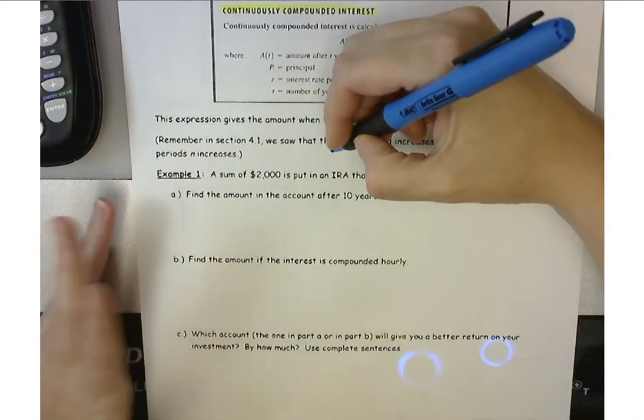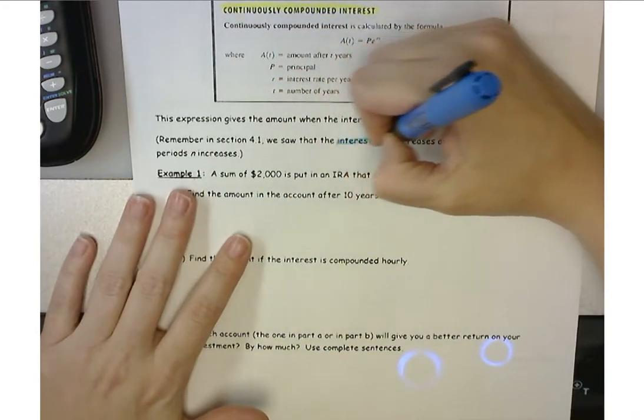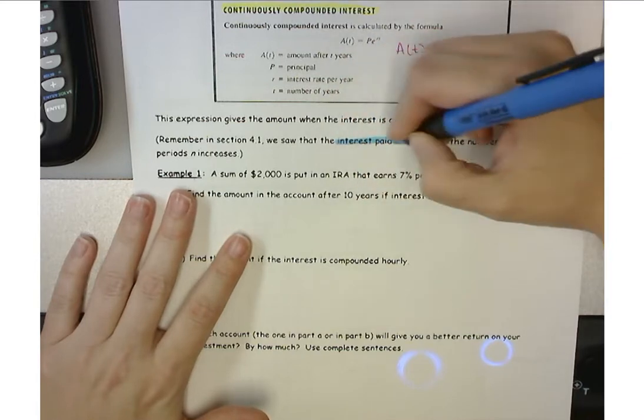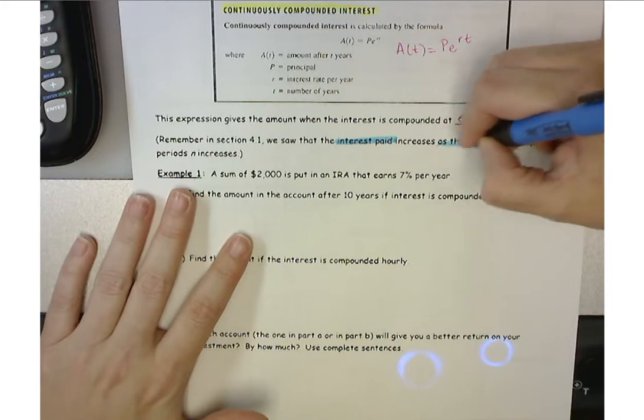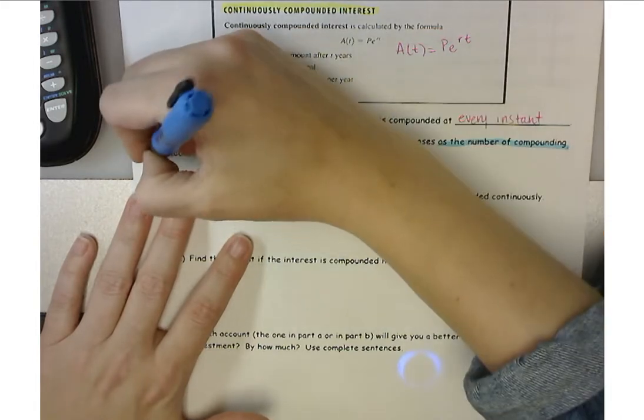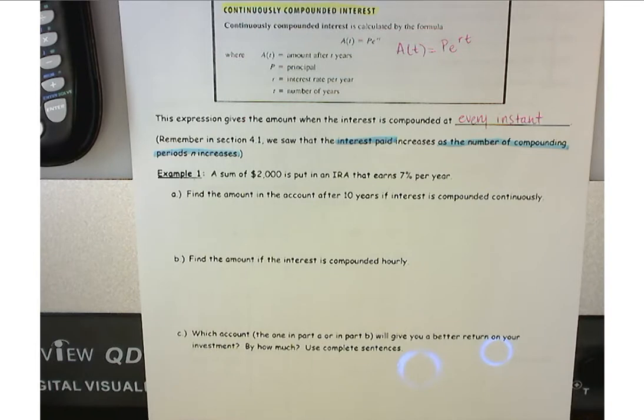Monthly, because why? More compounding, right? There's 12 months in a year versus 4 quarters. Which means if you have the same conditions, the same principal, the same rate, what would be the best?